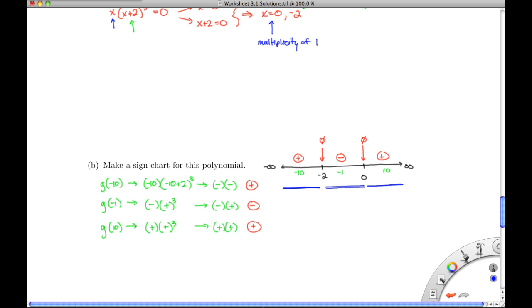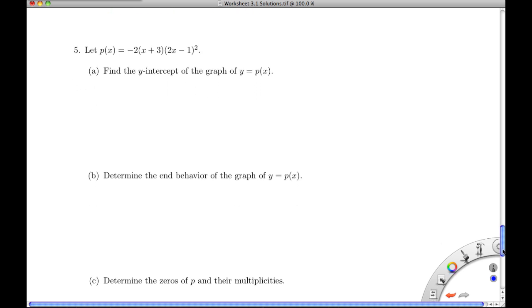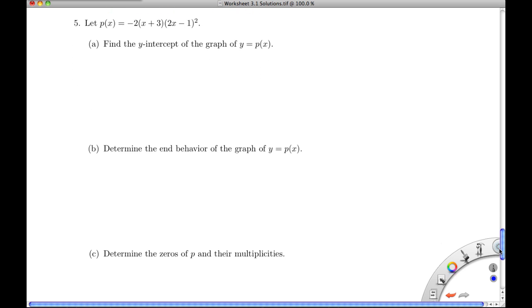So let's go ahead and put all of this sort of to practice with this last one. In number 5, we want to start by finding the y-intercept of this graph. Well, we know that if we ever are asked to find the y-intercept, all we need to do is take our function and evaluate it at 0.